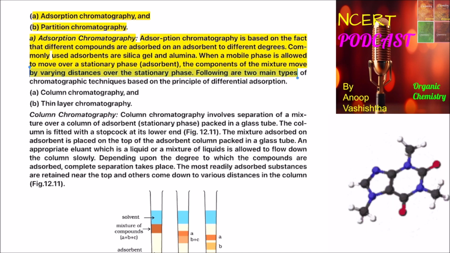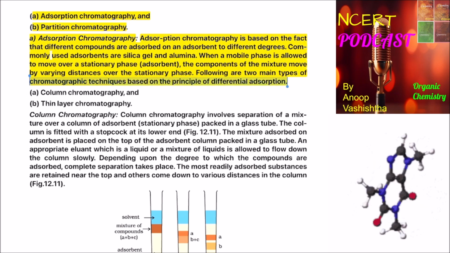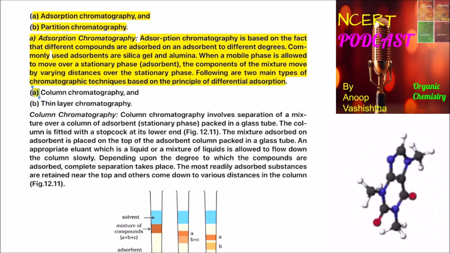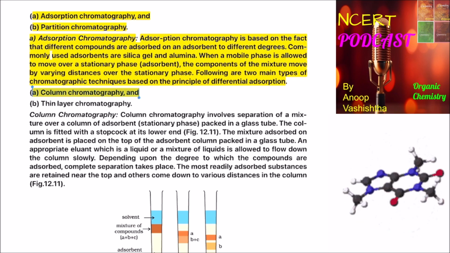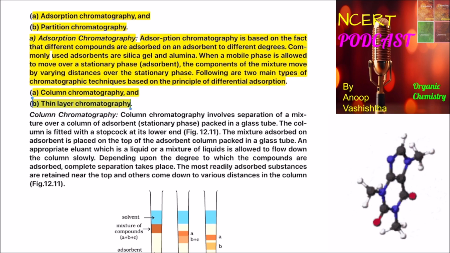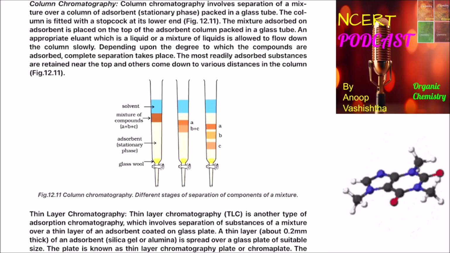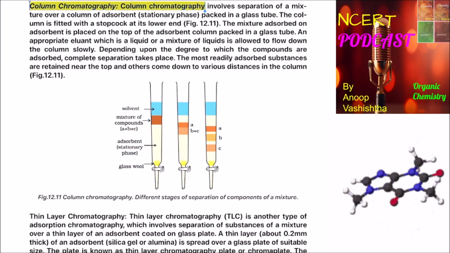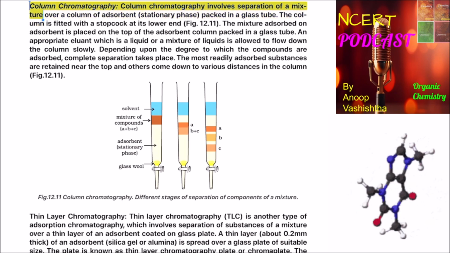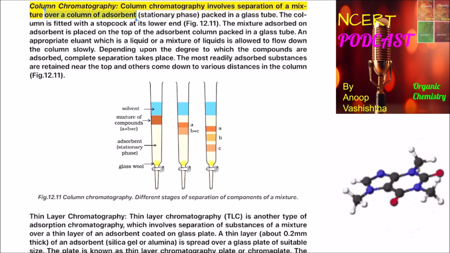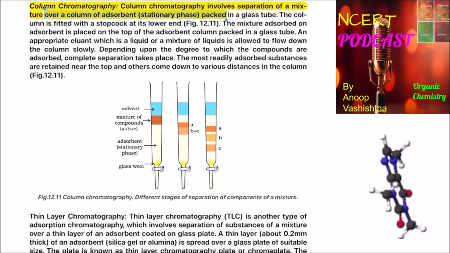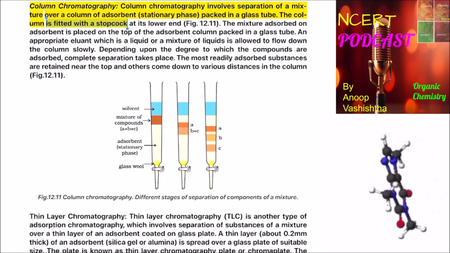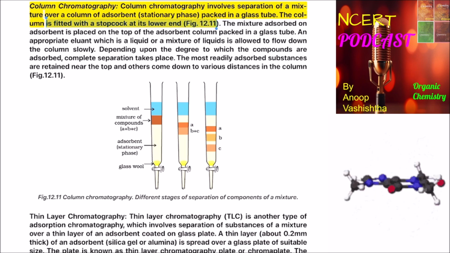Following are two main types of chromatographic techniques based on the principle of differential adsorption: A. Column chromatography and B. Thin layer chromatography. Column chromatography. Column chromatography involves separation of a mixture over a column of adsorbent stationary phase packed in a glass tube. The column is fitted with a stopcock at its lower end, figure 12.11.